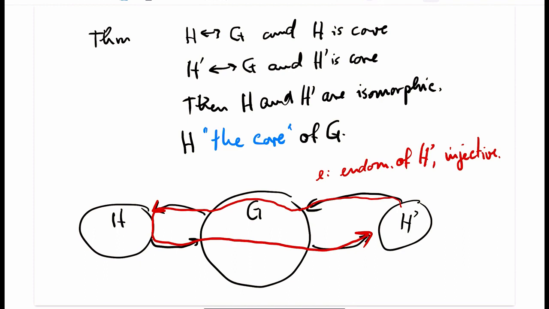This in turn implies that the blue map that just follows the arcs from H prime to H must be injective as well. So there is an injective homomorphism from H to H prime.